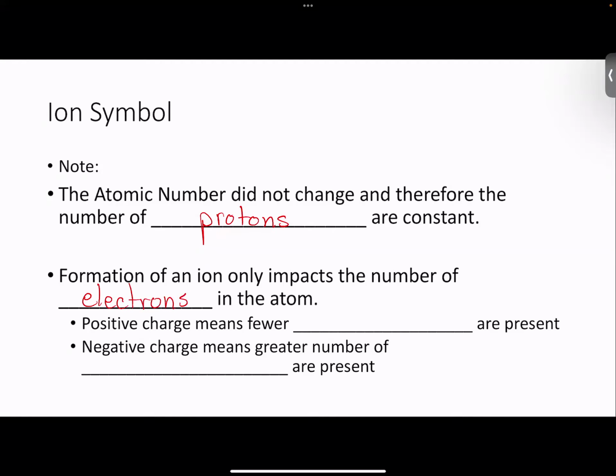If you have a positive charge, it means that there are fewer electrons present. Whereas if you have a negative charge, it means there's a greater number of electrons present. Again, the only thing you're manipulating is the electrons.